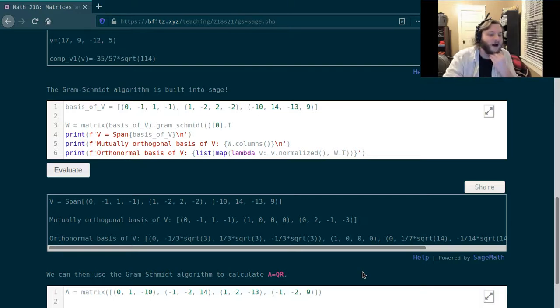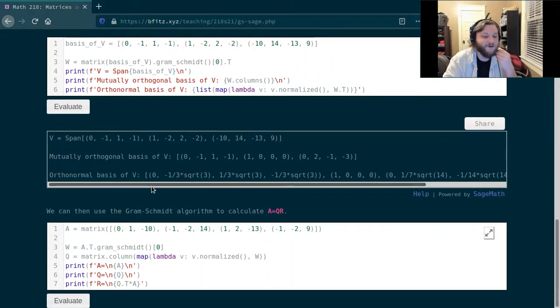And finally, one of the reasons the Gram-Schmidt algorithm is so powerful is that it gives us QR factorizations. Remember, to get a QR factorization, you apply Gram-Schmidt to the pivot columns of your matrix A, and then put the orthonormal basis that pops out of that algorithm into the columns of Q. And then you can define R to be Q transpose times A. Here I'm defining our matrix A on the first line.